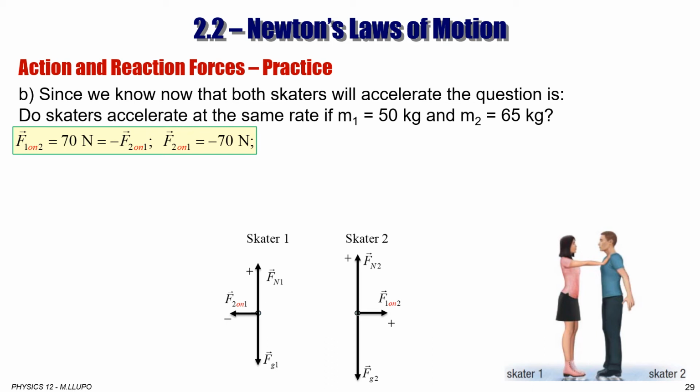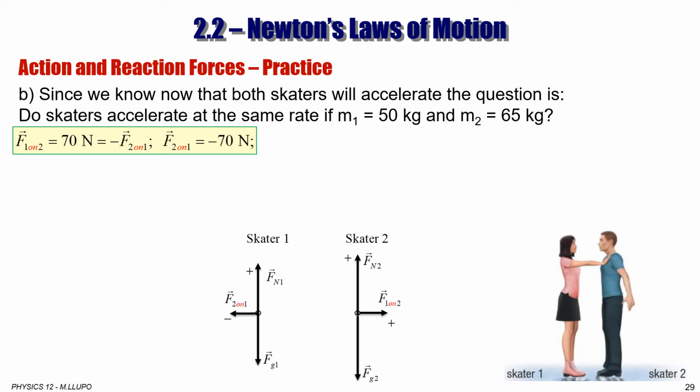Let's calculate the acceleration of skater 1, or object 1. The force acting on object 1 is the force that object 2 applies on object 1. So F2 on 1, that's very important.